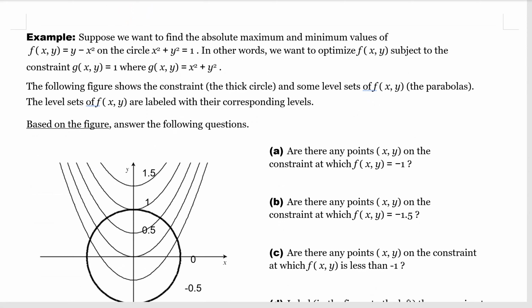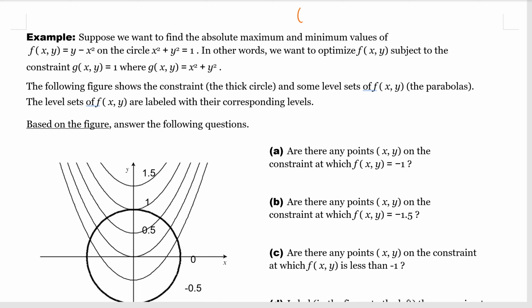Suppose we want to find the absolute maximum and minimum values of f equals y minus x squared on the circle x squared plus y squared equals 1. In other words, we want to optimize f subject to the constraint g equals 1, where g equals x squared plus y squared.